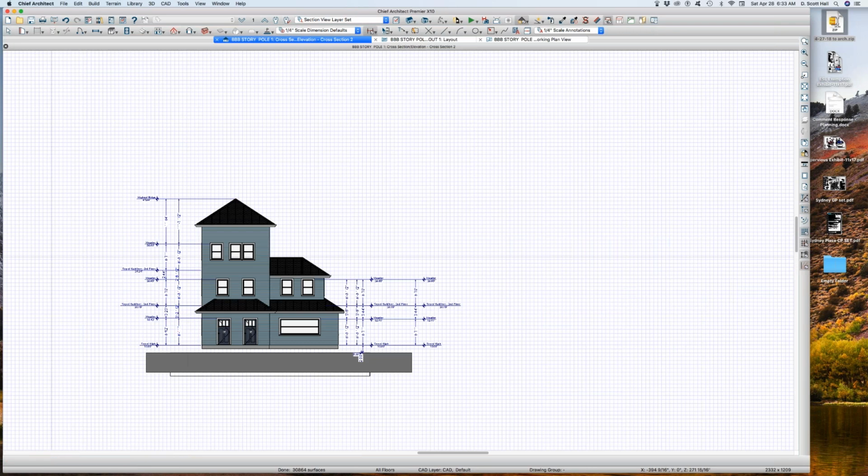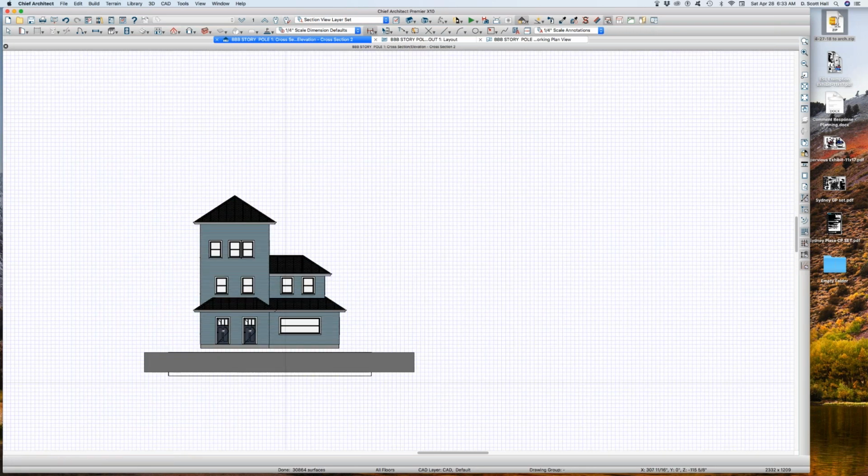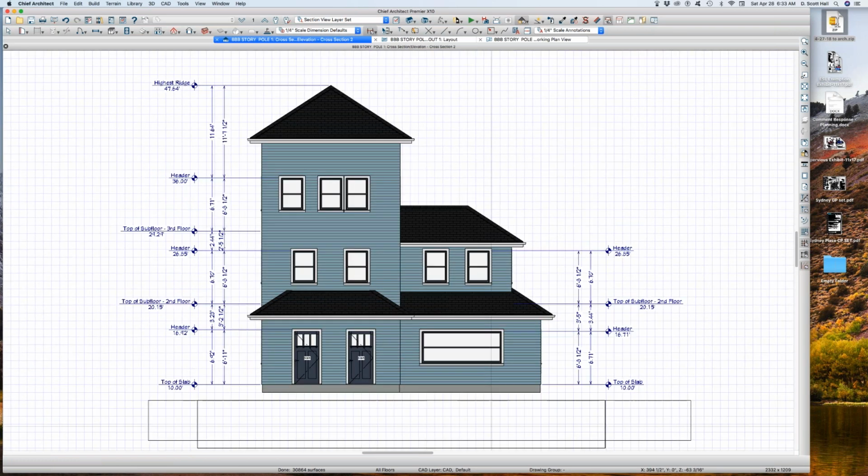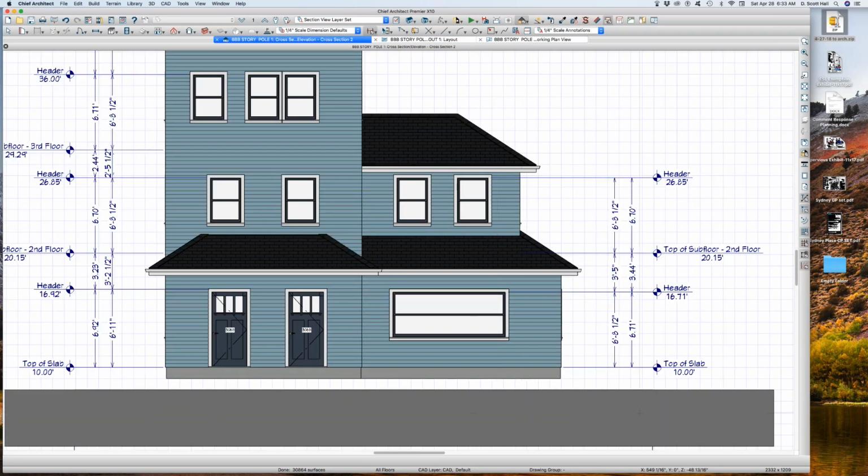I wish I had a quick hotkey just to delete the dimensions, but I don't. So here you go. Now I'm not dimensioning to sea level. But I still want to be able to dimension down to sea level. And now if I use this dimension, I will get the marker. If I do this, I don't get the marker, I just get the 2 foot.